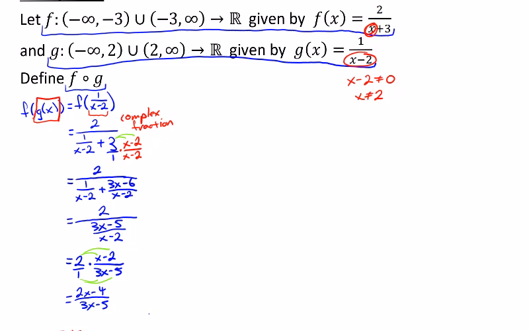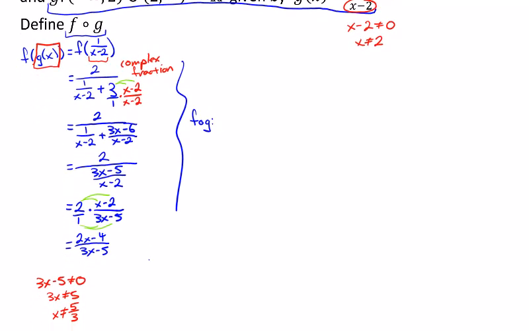So the function definition, we're going to be naming this function f composed with g, and the domain for this function is going to have 2 and 5/3 removed. So that's going to be represented as negative infinity to 5/3 union 5/3 to 2 union 2 to infinity.